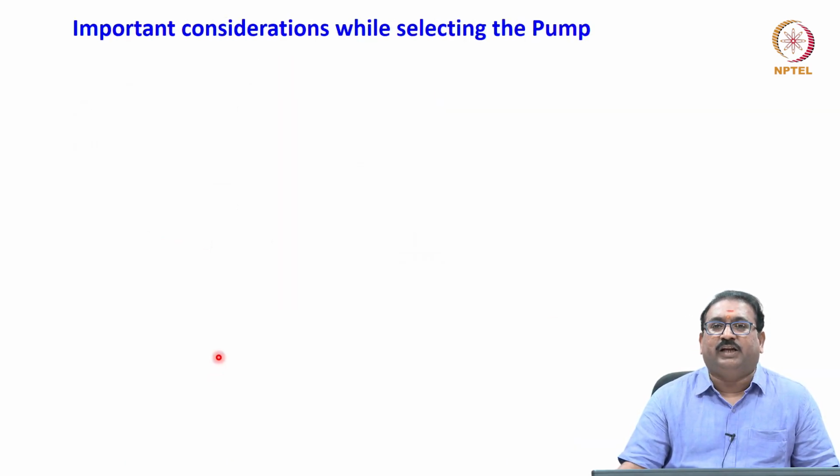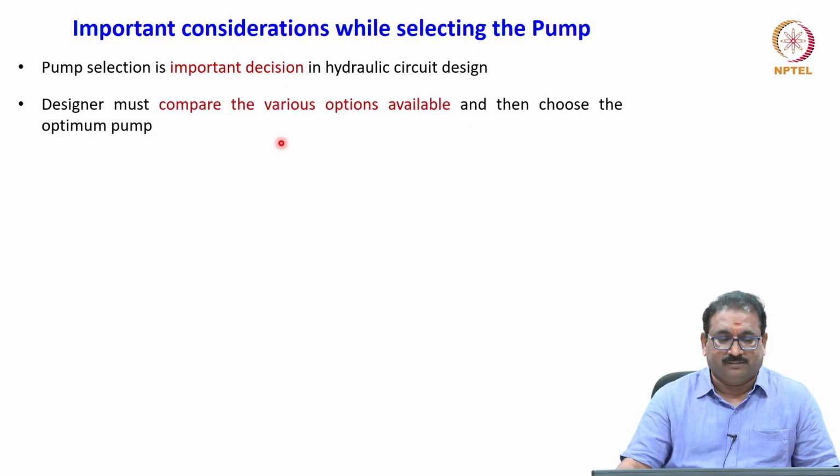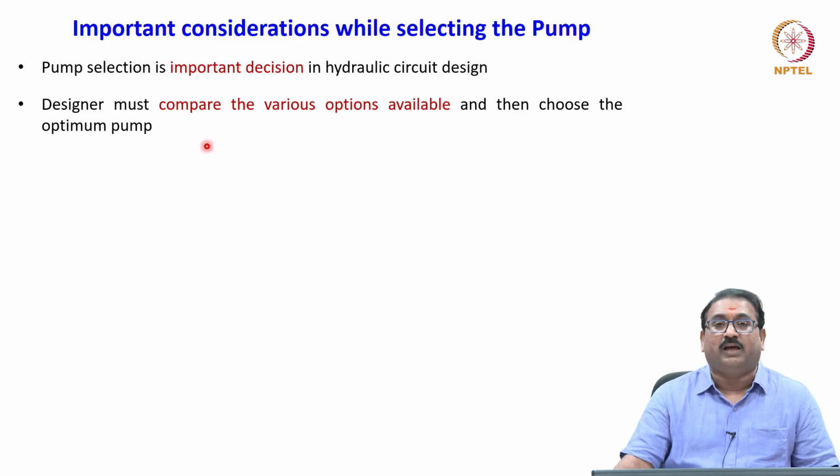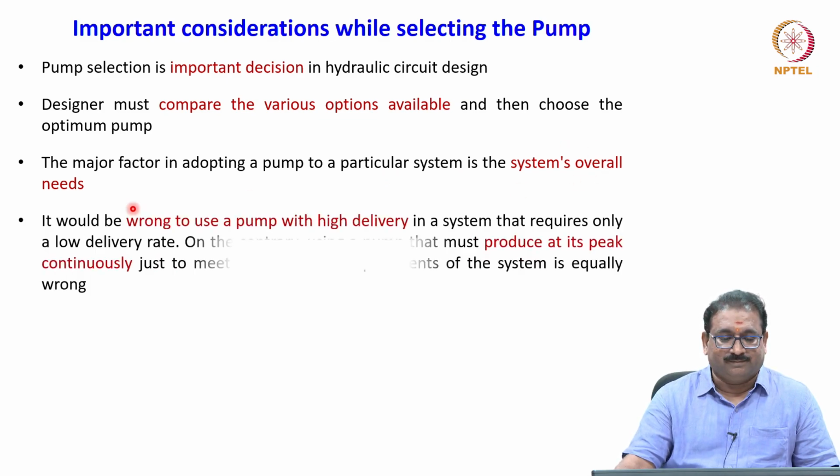So, the important considerations while selecting the pump are: pump selection is an important decision in hydraulic circuit design. The designer must compare the various options available and then choose the optimum pump. The major factor in adopting a pump to a particular system is the system's overall needs.